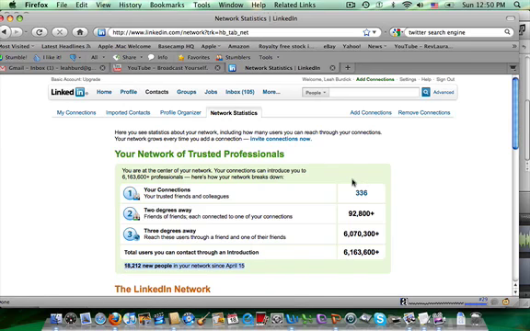So if I'm targeting somebody at Cushman and Wakefield, I want to have an introduction to them, and I know somebody who knows that person, I can ask the person who's 1 degree away to pass along a note to that person who's 2 degrees away. There have been studies done that people are much more likely to respond to LinkedIn requests for connections and emails through LinkedIn than regular email.